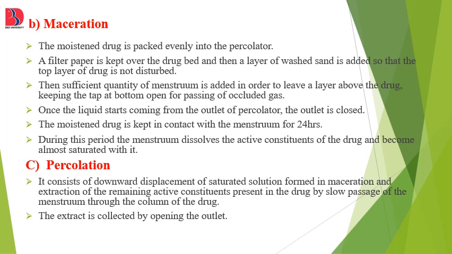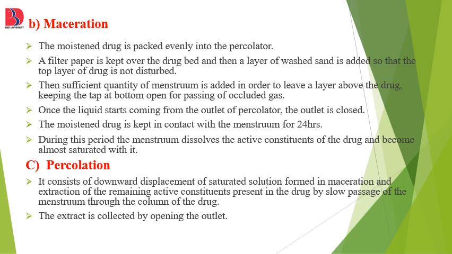After putting the washed sand layer, we have to add sufficient quantity of menstruum so that there is a layer above the drug. While pouring this menstruum, we have to keep in mind that there's a tap at the bottom of the percolator, and that should be open, because if there are any occluded gases, they will pass out.